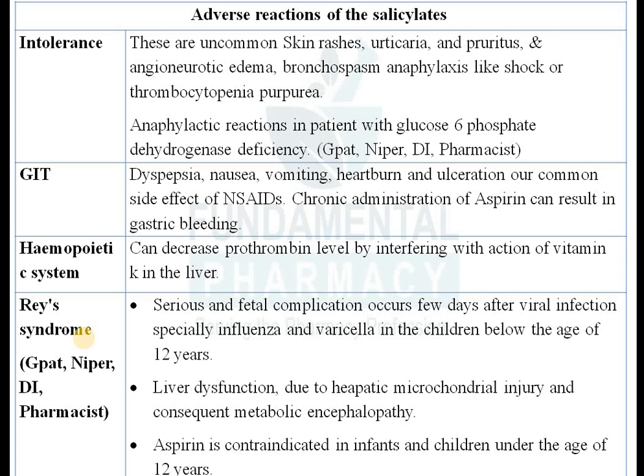It will result in fatal reactions, and those reactions are nothing but Reye's syndrome.